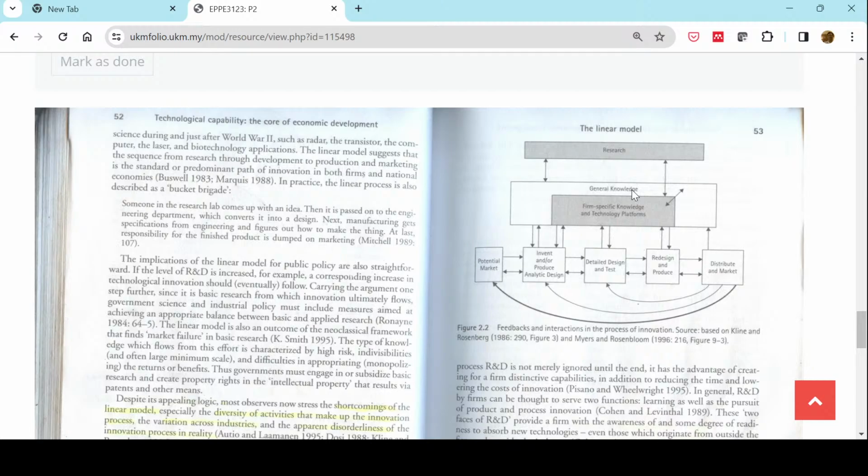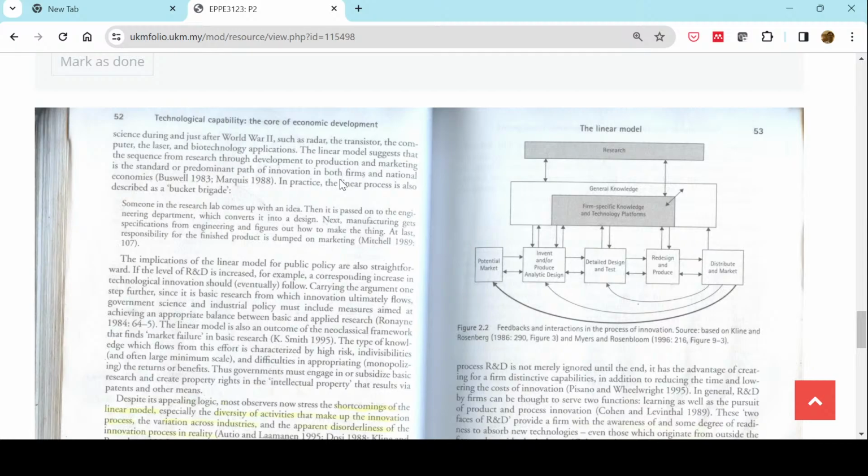You spend money, effort, and human resources for R&D, basic research, but you're not getting the full, appropriate proprietary return, because the result of basic research will become public goods.